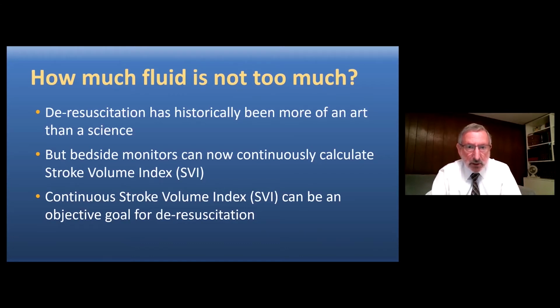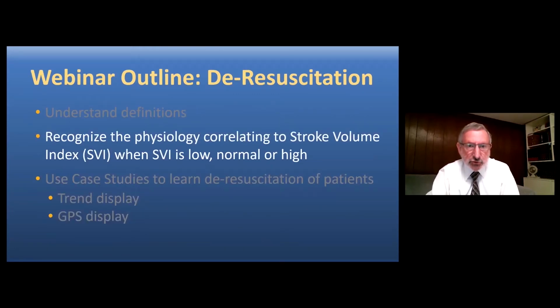So looking at the stroke volume as an index, that is dividing it by the body surface area, should give you a SVI that is low, normal, or high. And you can add that into your assessment of the patient.